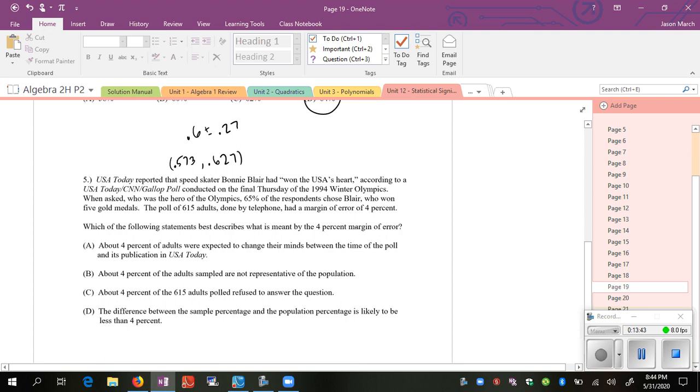So this is a context-based question asking us what the 4% really means. The 4% is the margin of error, which essentially is saying that the difference between the sample percentage and the population percentage is likely to be less than 4%. And we have this window that goes 4% above and below the sample for the true population proportion.